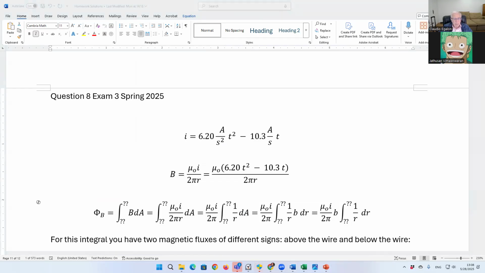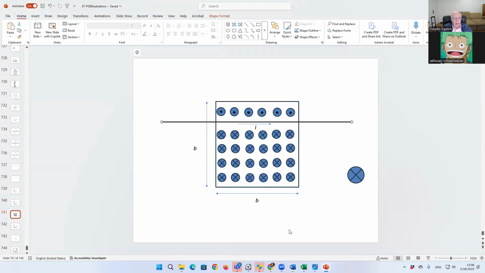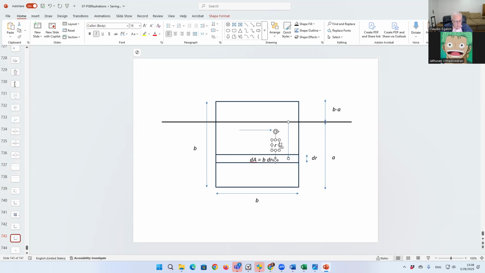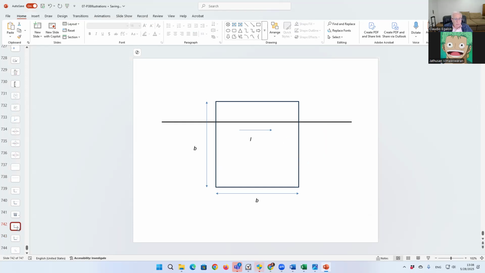Going back to this graph, here is the coordinate r that goes from the infinitely long wire to a place somewhere in this loop.